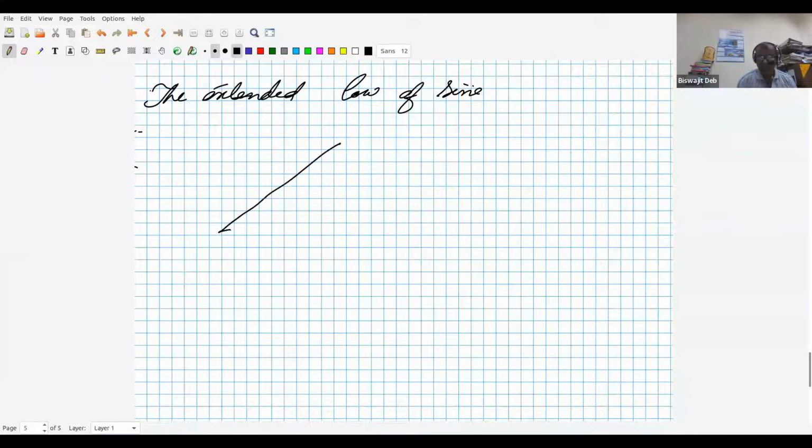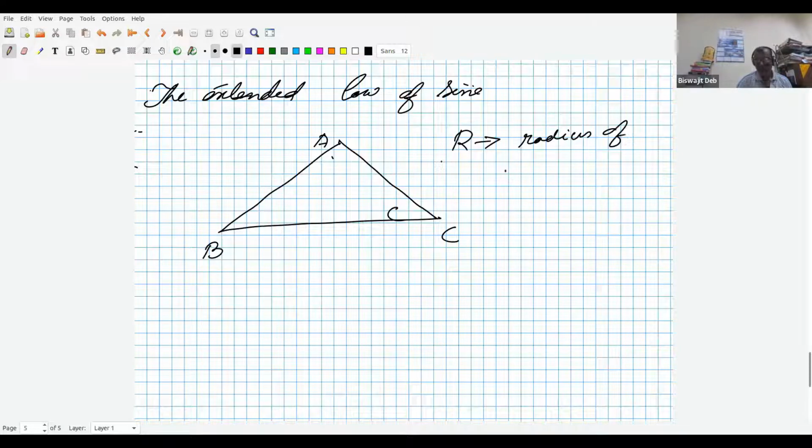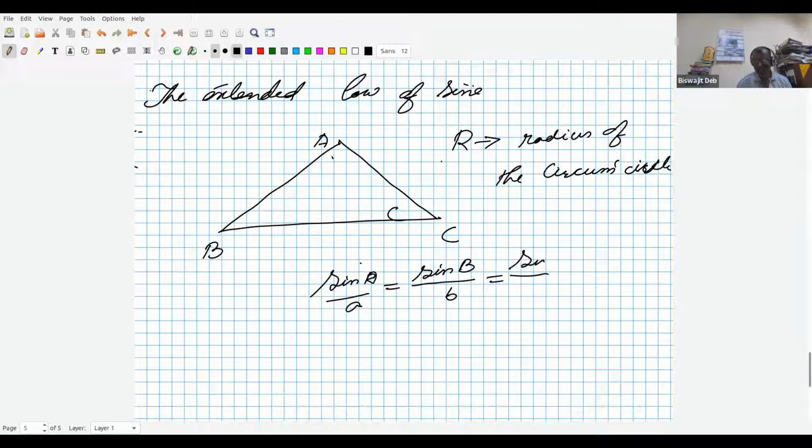What it says, if I take any triangle ABC, and if I know that R is the radius of the circumcircle of this triangle, then sine A by A, I hope the notations you are familiar with, sine B by B, sine C by C is equal to 1 by 2R.